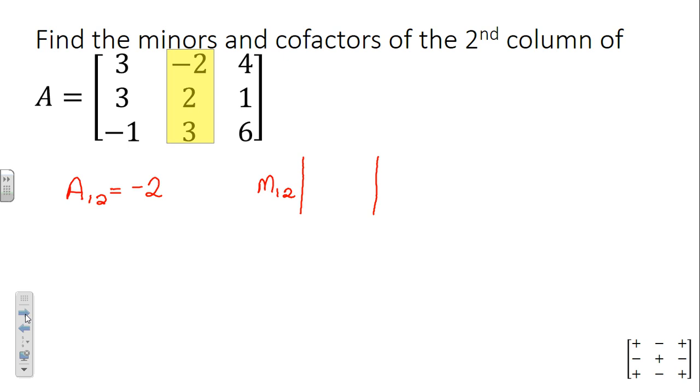Okay? Well, we want to find the minor of a particular element. All we do is we say, hey, we're going to eliminate that row and that column and tell me what's left. So if we are in first row, second column, we're eliminating this row, this column. So what is left?